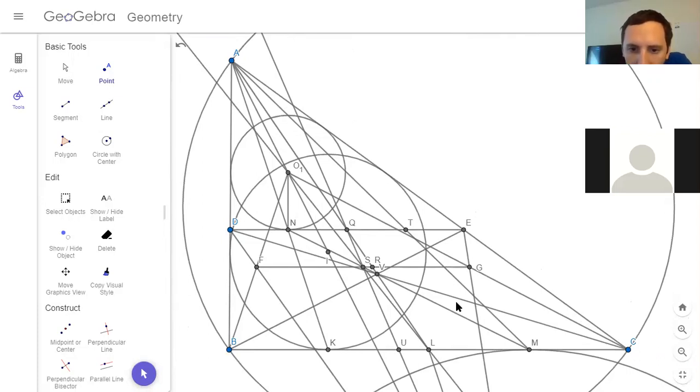So wait a sec. SUM. And so we want to show QN over UM. So that's the similarity ratio of those two triangles, right? And we want to show that that's equal to SQ over SU.